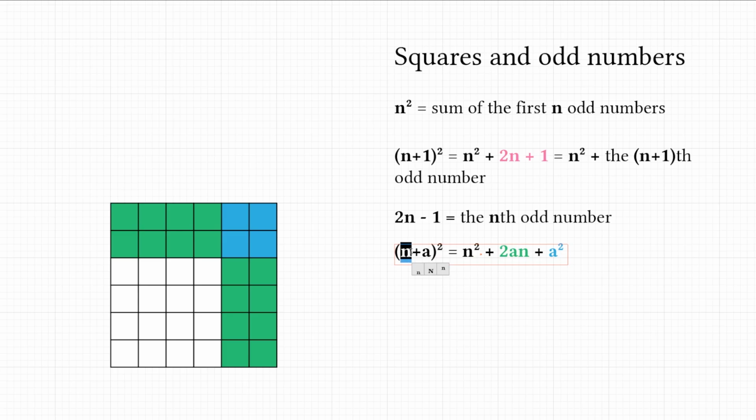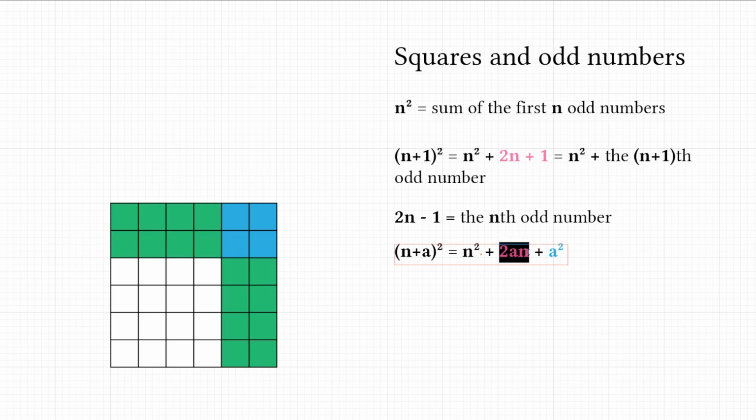When you increase the length of the side of your original square by some number a, previously this was always equal to 1, but now we take an arbitrary number a, and you get the area of the new square, which is equal to the area of the old square, plus those 2 rectangles that I've colored green, which are really just the side of the old square taken a times and added 2 times to the top and to the side.